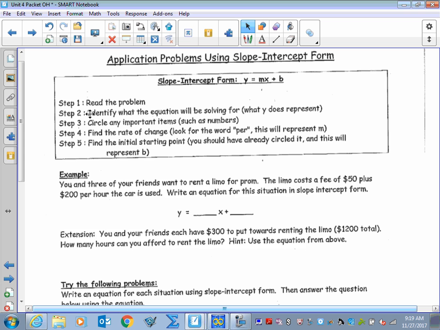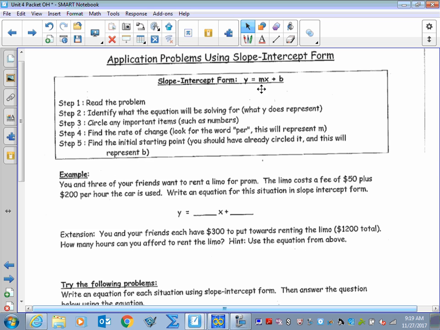After you read the problem, you want to identify what you're solving for in the equation, what will y represent. Circle any important items. Numbers are definitely important. Step 4, you want to find the rate of change. So you're looking for words that will say each or per or every day or something like that that would represent your rate of change.